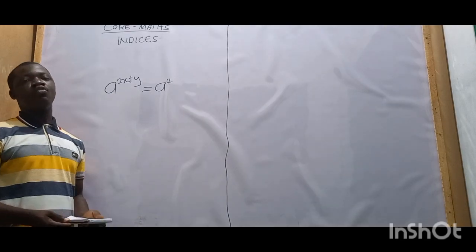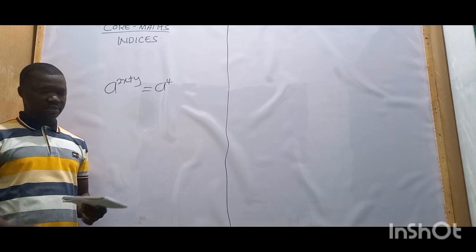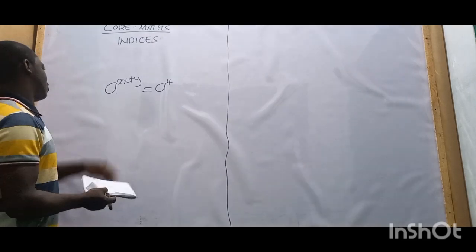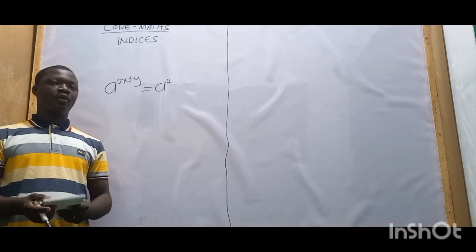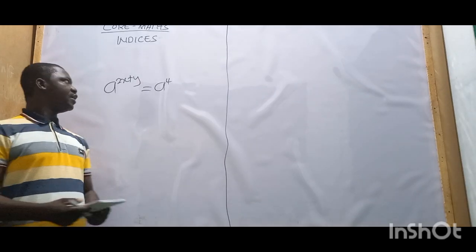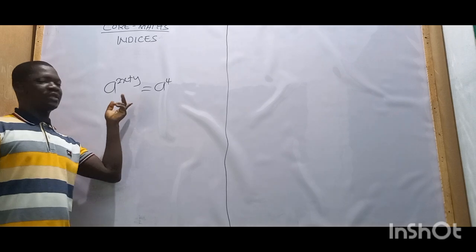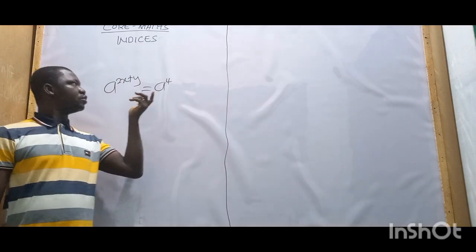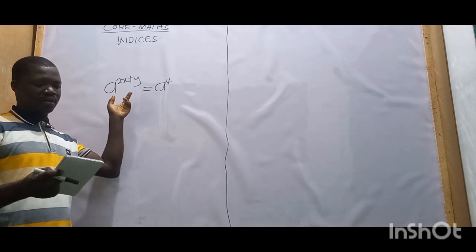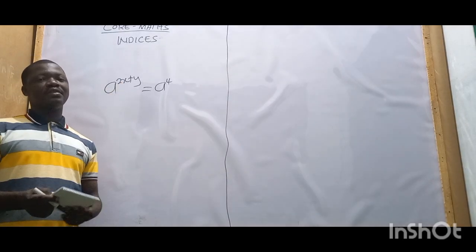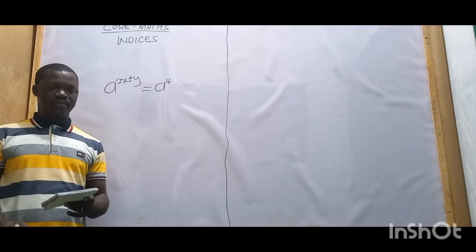Exponential equation, right? To solve an exponential equation, you have to always make sure that the bases are the same. Please, I'm repeating again. To solve an equation involving indices, you have to make sure that the bases are what? The same, right?